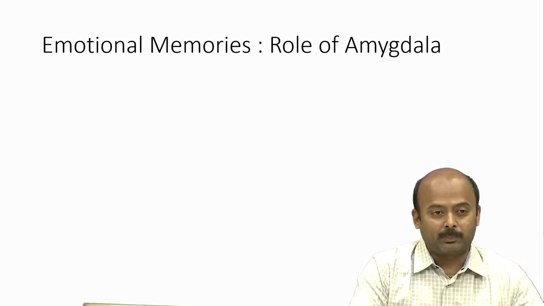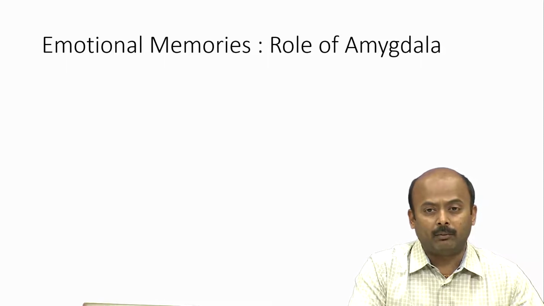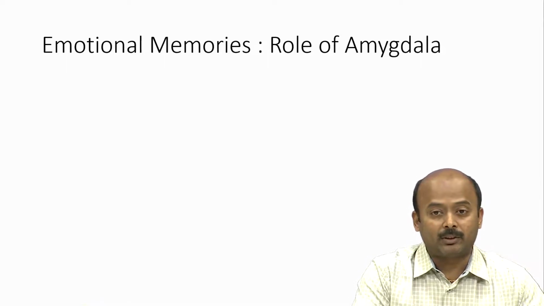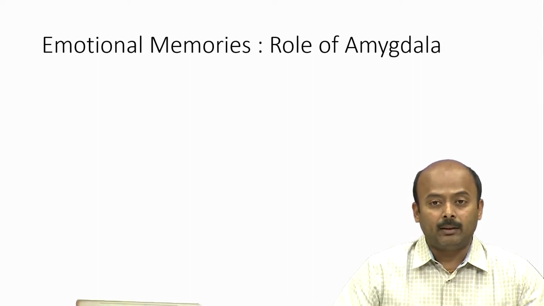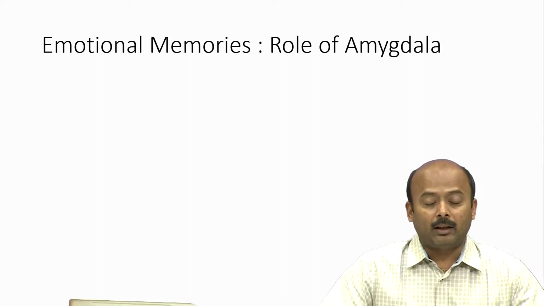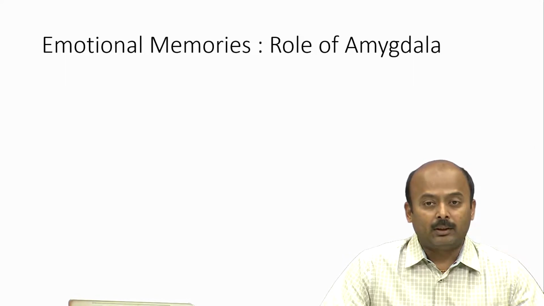All along the course we have been talking about CS and US pairing, right. We take an animal, present it with a neutral stimulus, which we call CS, and then pair it with an unconditioned stimulus, as Pavlov called it, such as a shock.